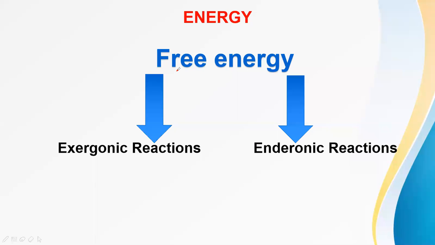Based on free energy, the chemical reactions in metabolism are of two types. One is exergonic reactions and the second one is endergonic reactions. So let's talk about what free energy is. Free energy is the amount of energy available to do work under the conditions of biochemical reactions.